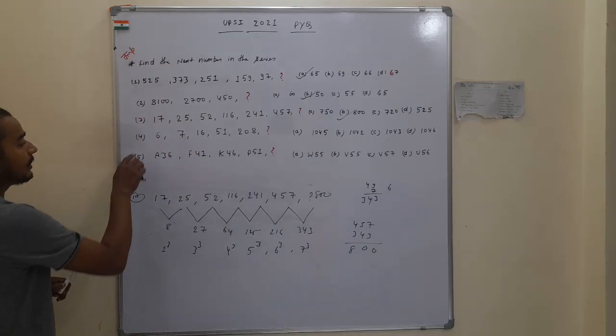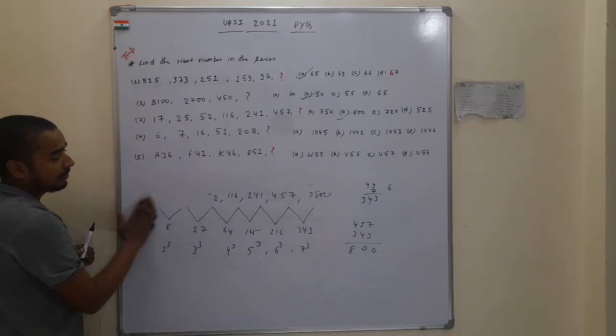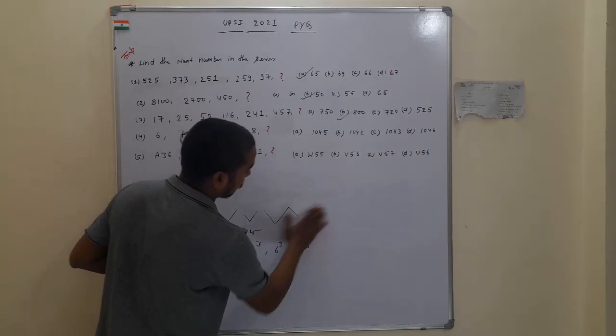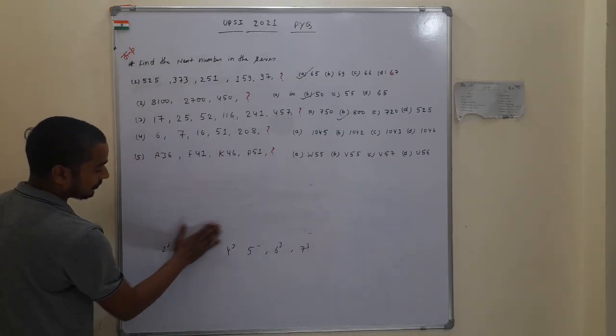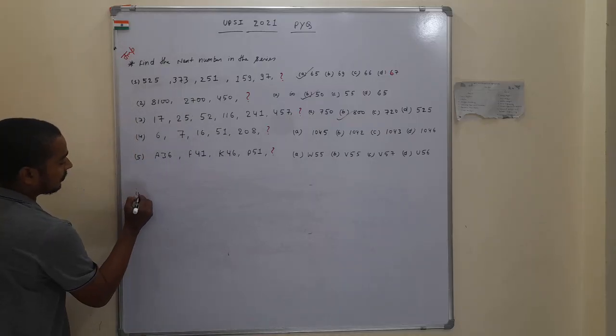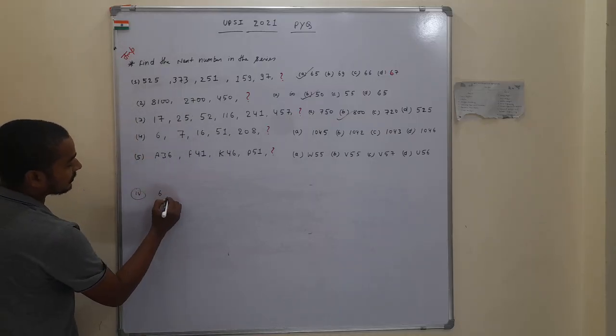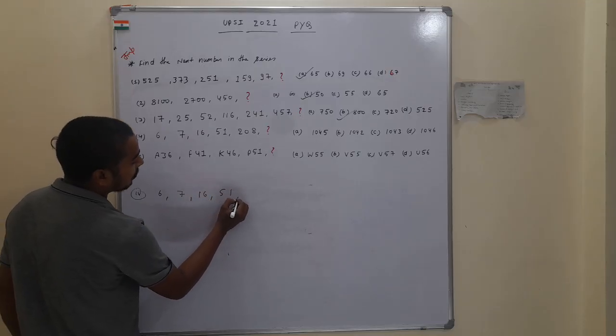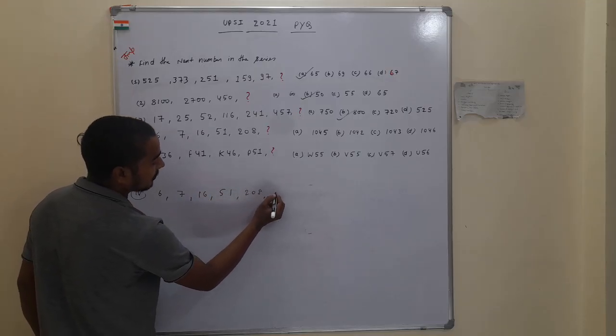Similarly, we solve the fourth question here. The series is given as 6, 7, 16, 51, 208, and then the question mark.